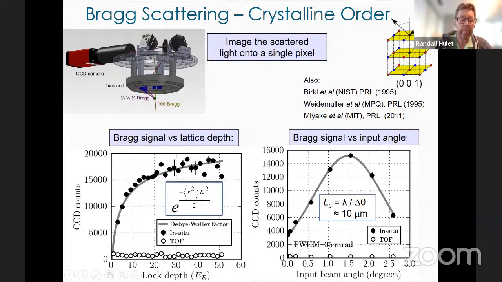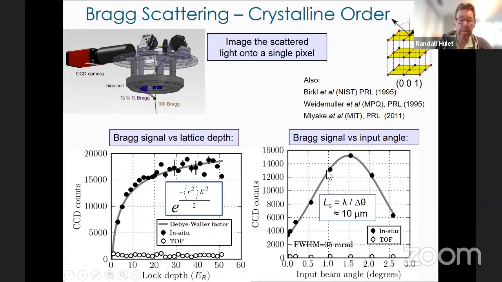So this is a function of the lattice depth. The deeper the lattice, the greater the signal, because the Debye-Waller factor is consequently bigger. This is also showing, for the same Bragg angle, where we're looking at 001 coherent scattering, or 100 or 010, it's all the same.